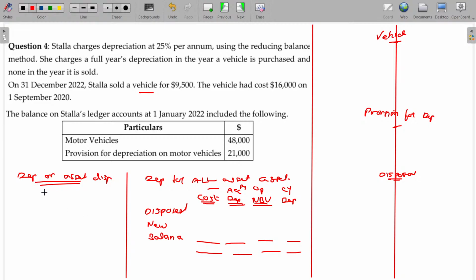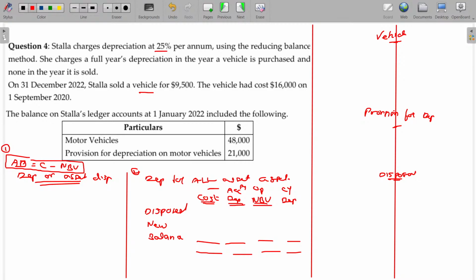In the case of depreciation on assets sold, you calculate cost minus accumulated depreciation, or cost minus net book value on the date of sale, which will be your accumulated depreciation. Right. Working note number 1, working note number 2, and these are the main ledgers.